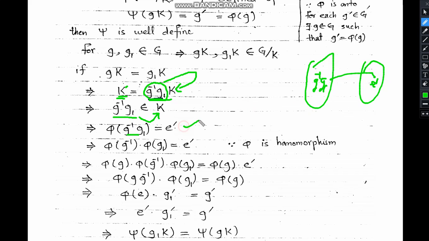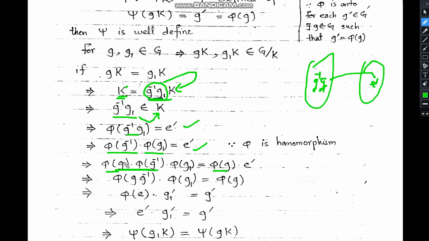So this result is true. Here we are applying the definition of homomorphism. By the definition of homomorphism, the mapping of the product of two elements will be equal to the product of their individual mappings. So here we have obtained this result. Now we are multiplying both sides by phi g, and again we are using the definition of homomorphism.